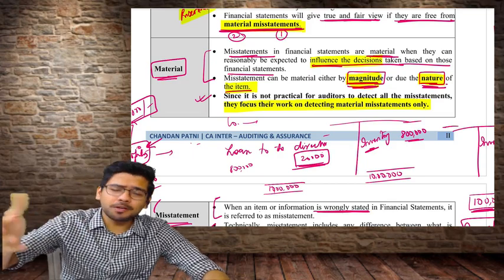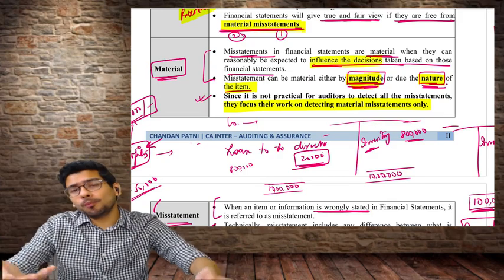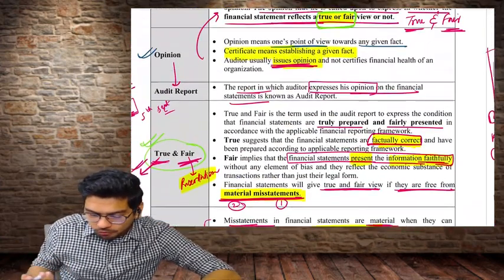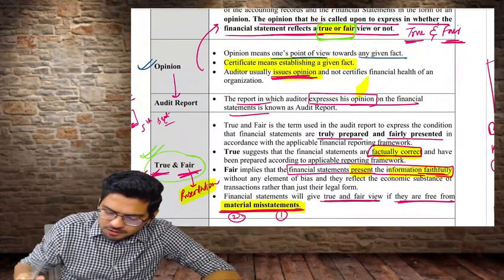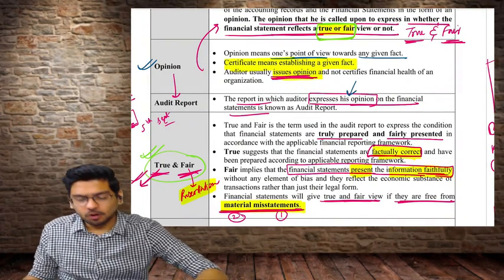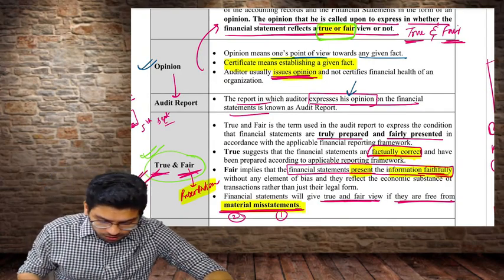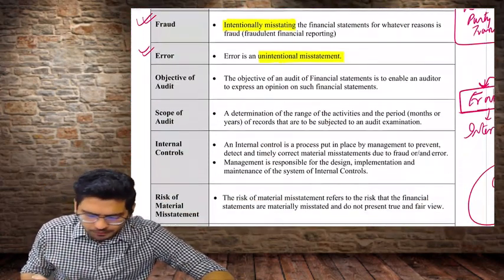Can the auditor give an opinion that the financials are giving a true and fair view? Yes. And where is he going to give the opinion? I told you he is never going to issue a verbal opinion. He is going to express his opinion in the audit report, in a document which we call the audit report.